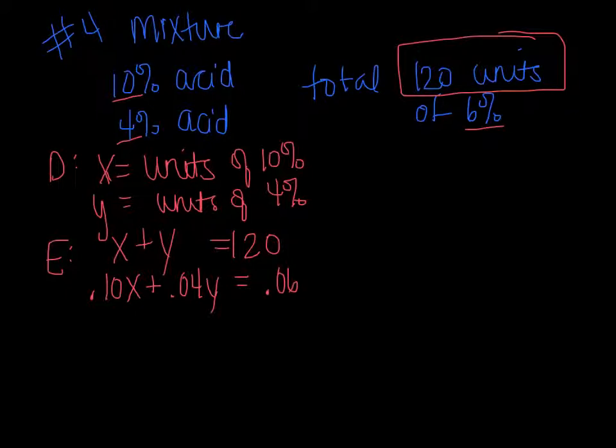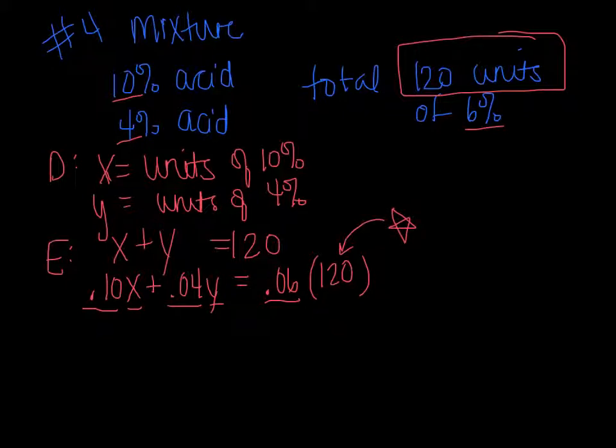But like I've done on the left-hand side, I've taken a percentage and multiplied it by the units. On the right I have a percentage, but I haven't multiplied it by the units. The units is 120 total that I'm going to make for this.